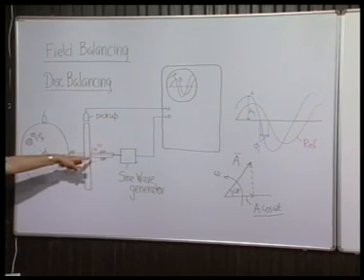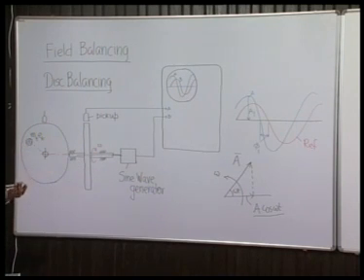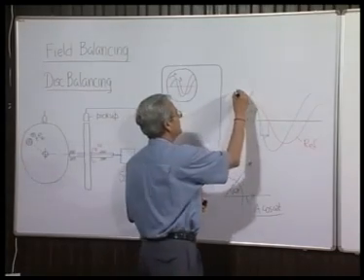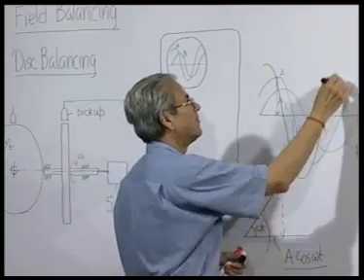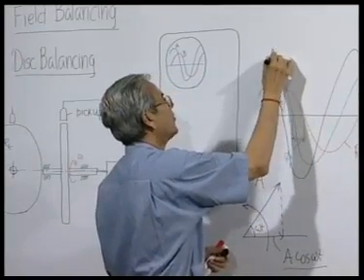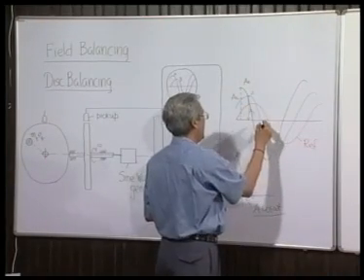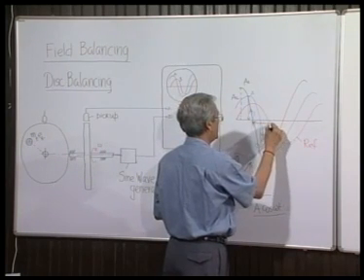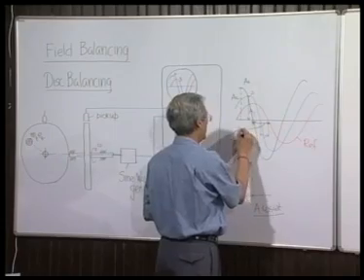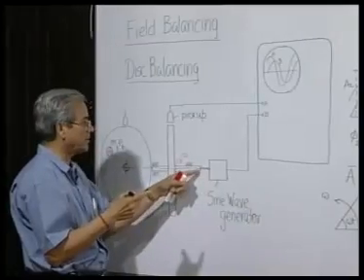Again, we rotate the whole system at the same speed omega, and we get another signal which we call A 2, whose magnitude is this much, and it has a phase lead with our same reference, because this attachment we have not changed.